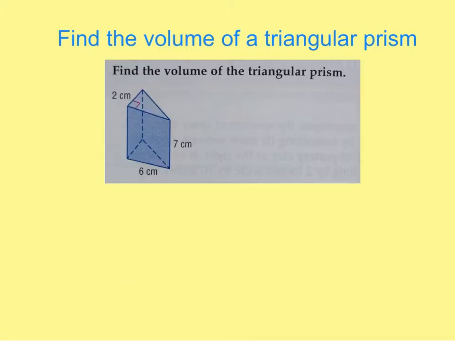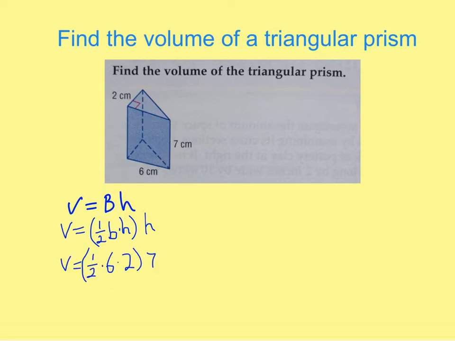So let's take a look now at how to find the volume of a triangular prism. Here again we start with our formula, so volume equals big B times H. To find the big B, that's going to be the area of the base, so the area of this triangle, I use 1/2 the base times the height to find that, because that's the formula for the area of a triangle, and then I'll times that by the height when I'm done.